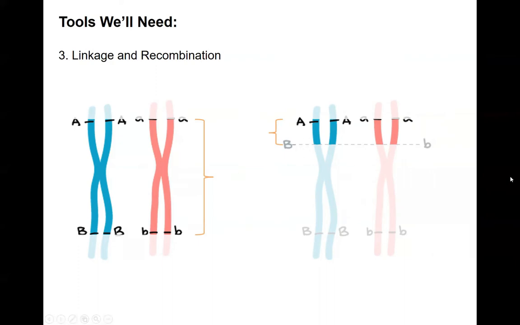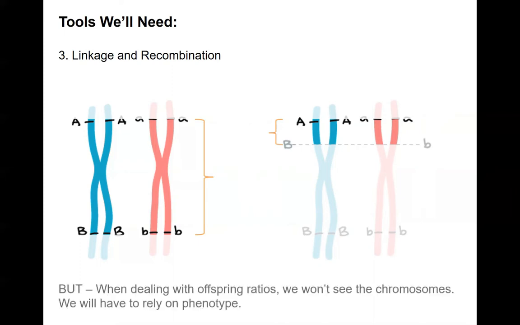Instead, what we're going to be relying on most of the time to start is the phenotype, so the actual percentages, the ratios of the offspring that we see. What are these phenotypic ratios? That's why it's so important for us to understand the Mendelian expectations for this so that we can spot this when we see it. So we will have to look at phenotypes and figure out whether recombination has occurred.